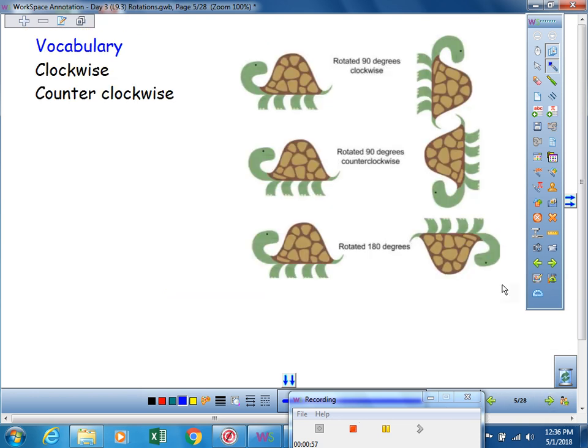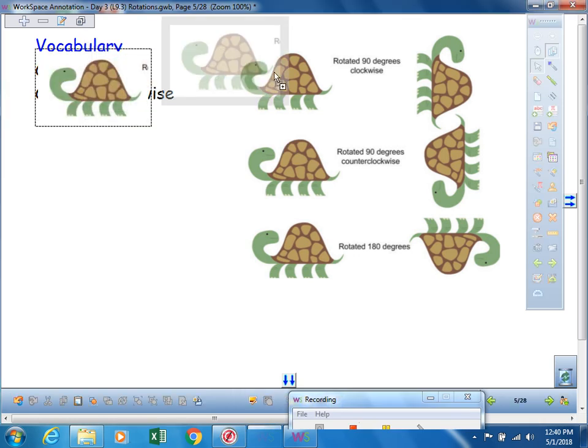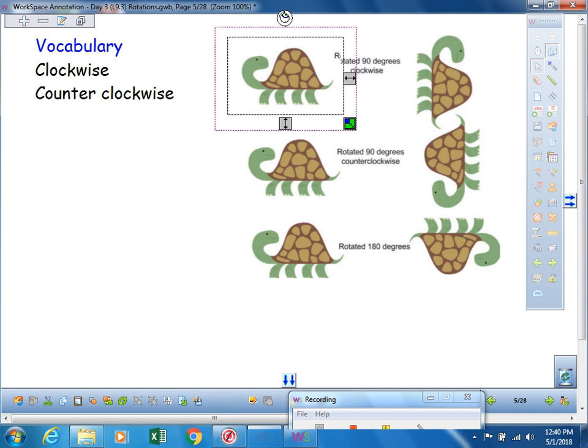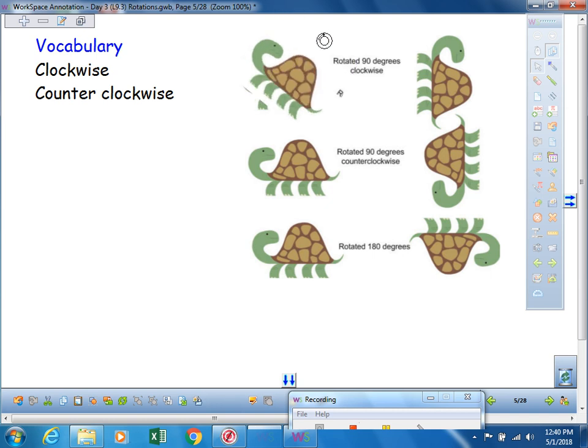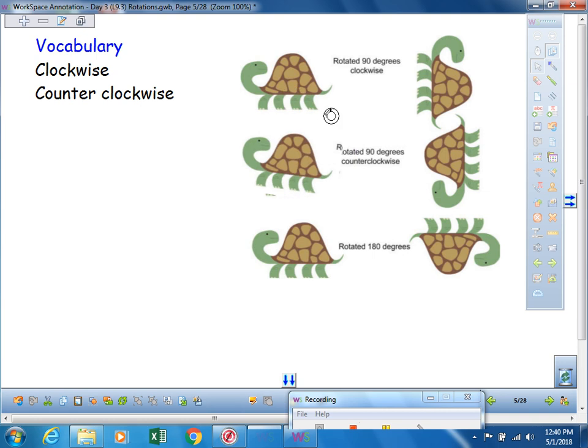All right, so here we have our little friend, the turtle. Don't be so mean to the turtle. If I have that and I have to turn it 90 degrees clockwise, he's on his side, right? If I have my turtle and it's 180, he just goes upside down.